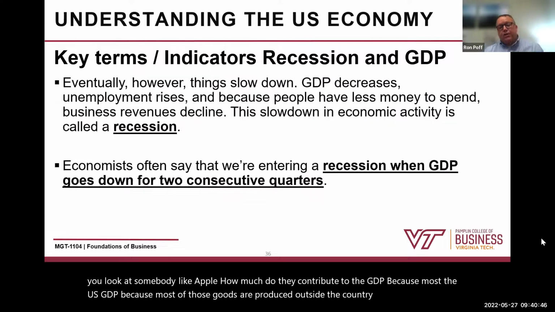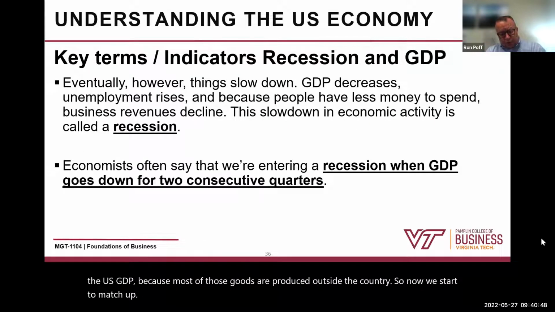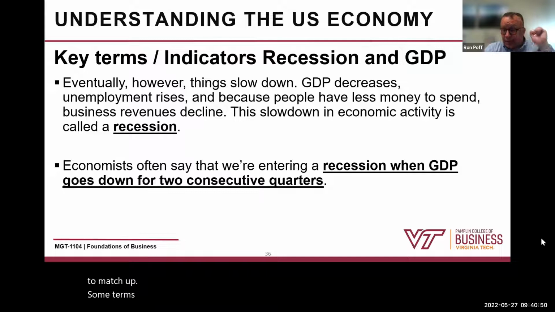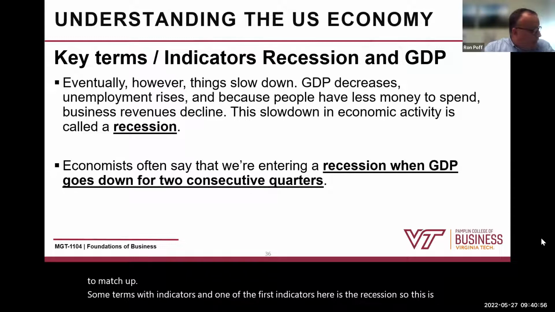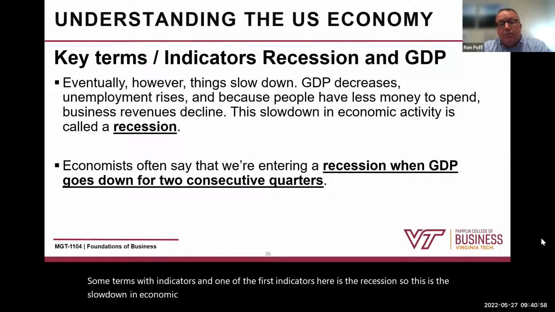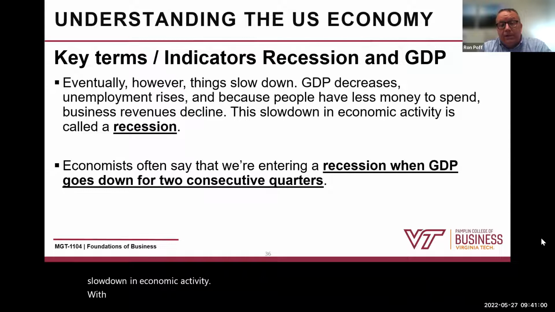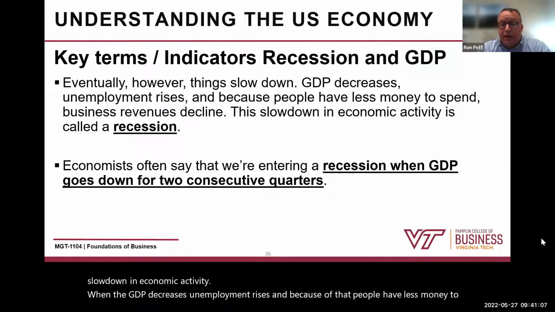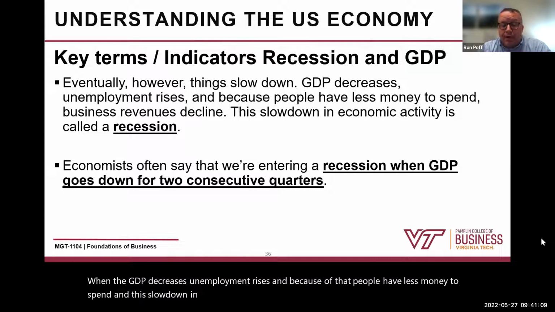So now we start to match up some terms with indicators. And one of the first indicators here is the recession. So this is the slowdown in economic activity. When the GDP decreases, unemployment rises, and because of that, people have less money to spend. And this slowdown in activity is called a recession.